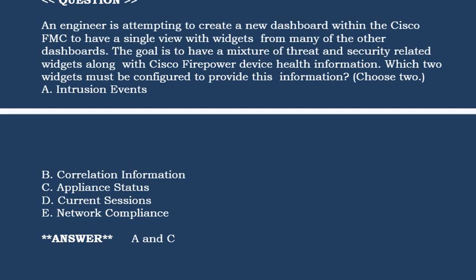Which two widgets must be configured to provide this information? Choose two options. Option A, intrusion events. Option B, correlation information. Option C, appliance status. Option D, current sessions. Option E, network compliance. Correct answer is option A and option C.